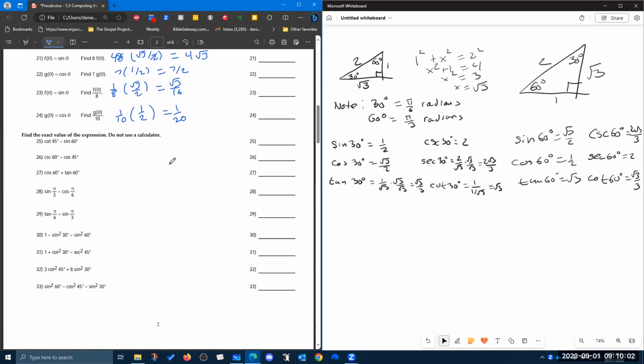Now we're going to put some stuff together from the last video we did with 45, 45, 90 and with 30, 60, 90. So let me go ahead and draw my 45, 45, 90 right triangle for you again.